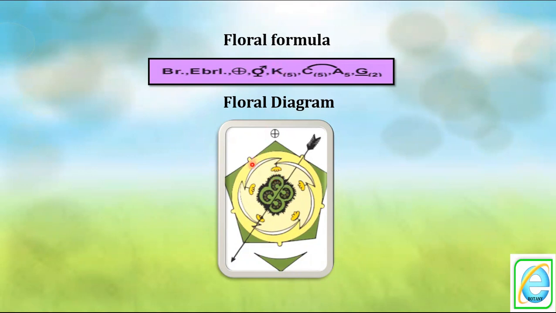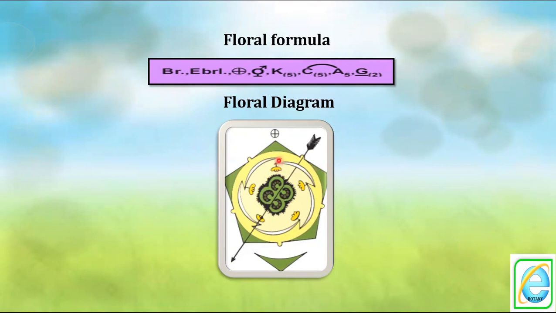The sepals are five: 1, 2, 3, 4 and 5. The five sepals are attached, with valvate type of aestivation, and they are gamosepalous. The corolla, or the petals, are also gamopetalous.